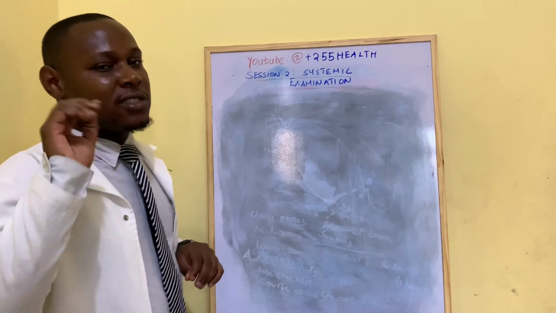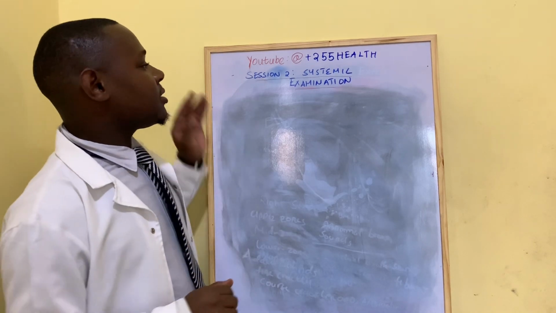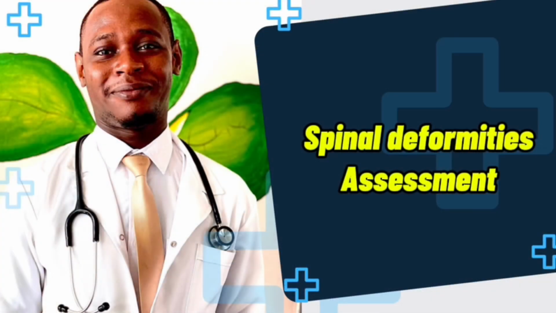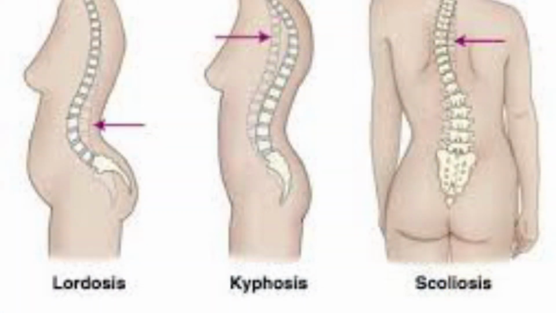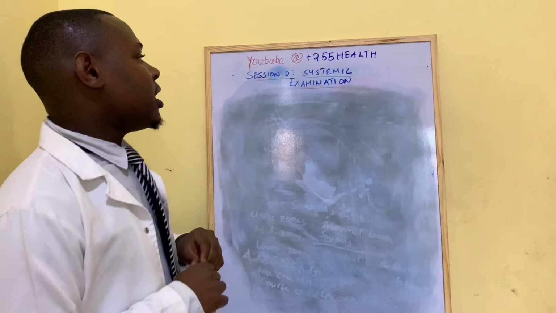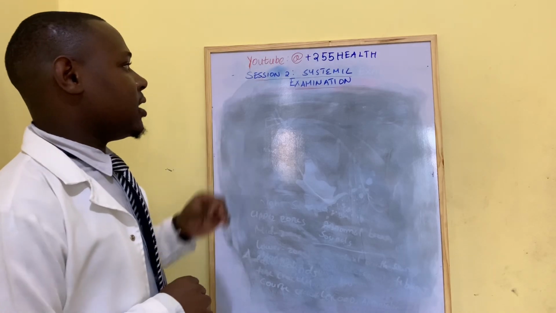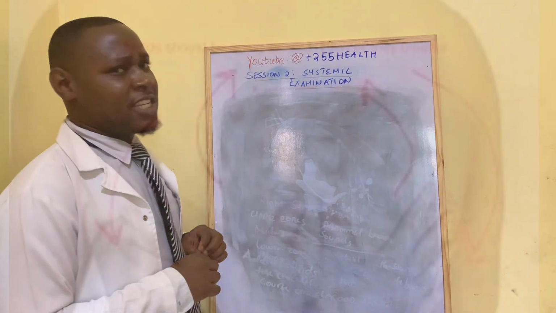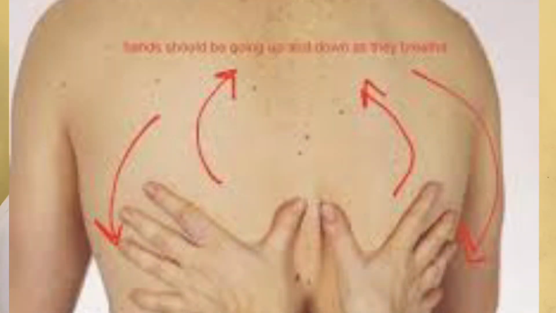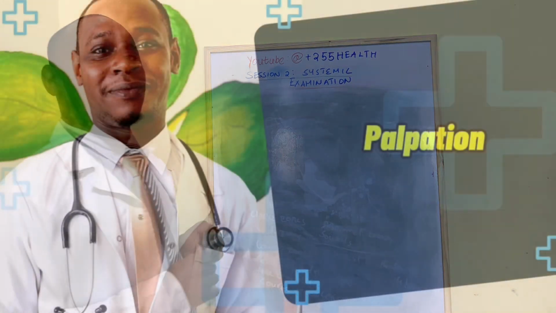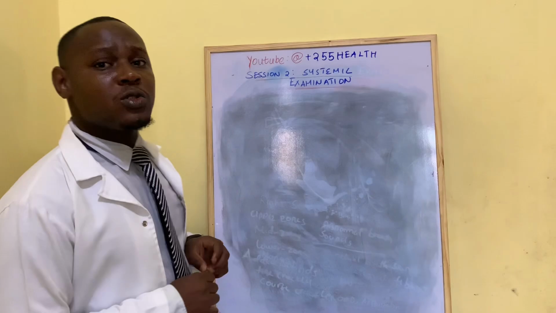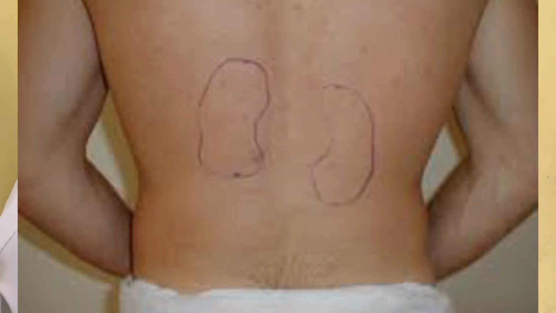Then you check for any deformities, spinal deformities such as scoliosis or kyphosis, and other types of deformities that you might find. And of course you have to check if there's equal respiratory expansion, which is very, very important. Don't forget to palpate for any masses or organomegaly that you might come across, or any sort of tumors that you may see.